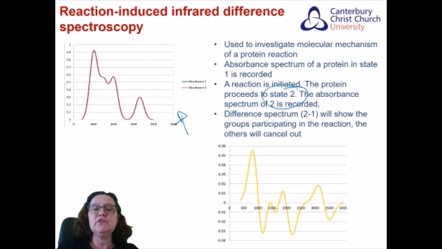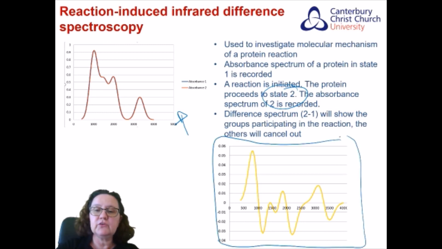However, if you do the difference spectrum, if you subtract spectrum 2, the final protein, from spectrum 1, the initial conditions, then you get these. So yes, there are changes that can be observed. Those two spectra are not identical, and these changes reflect changes in the reagent with respect to the protein in the first state with respect to the protein of the second state.